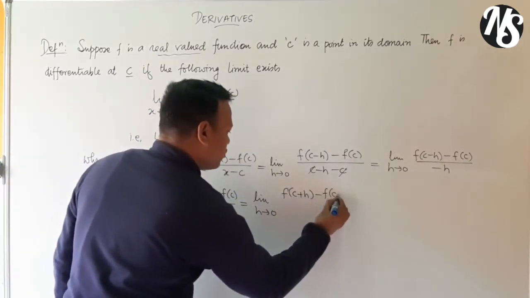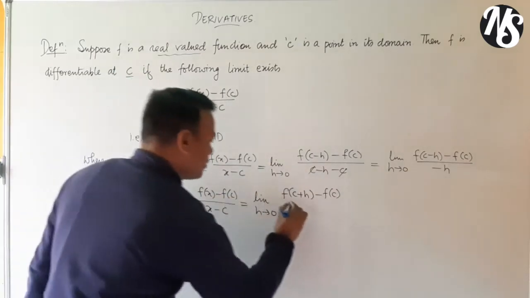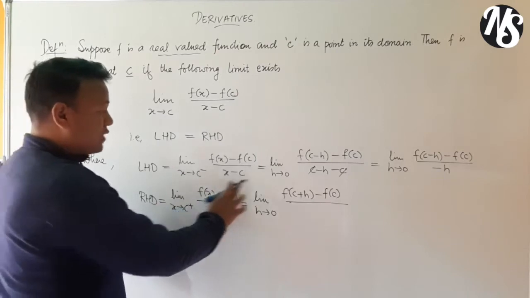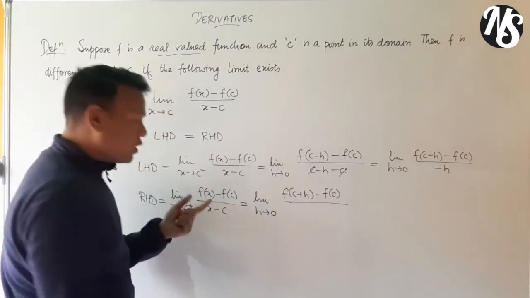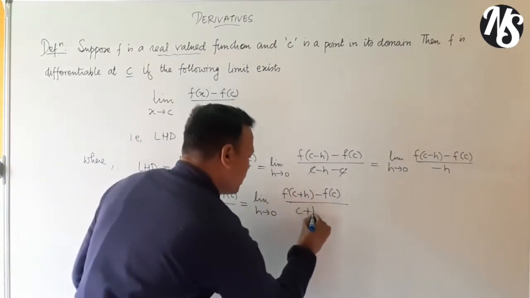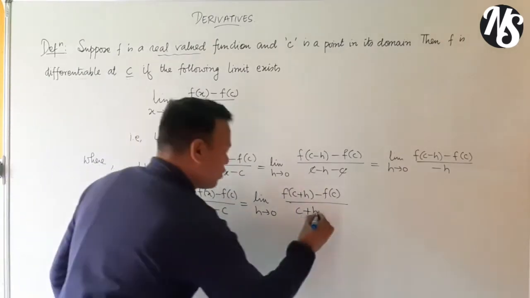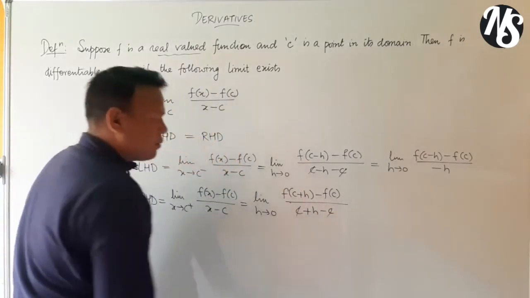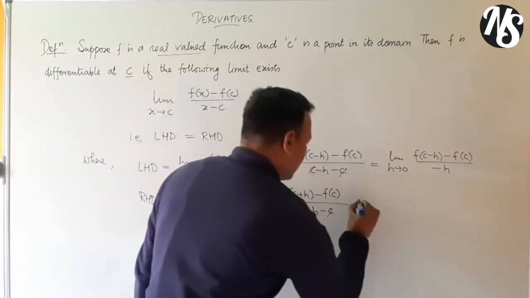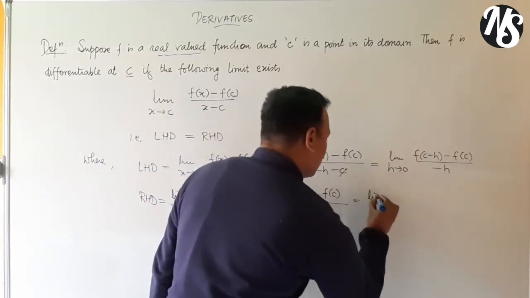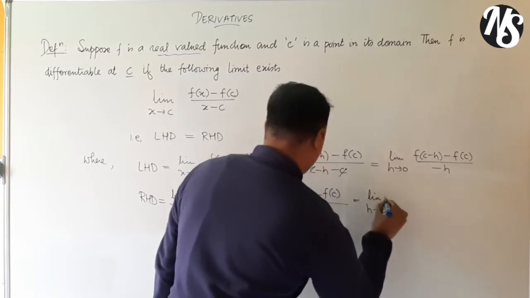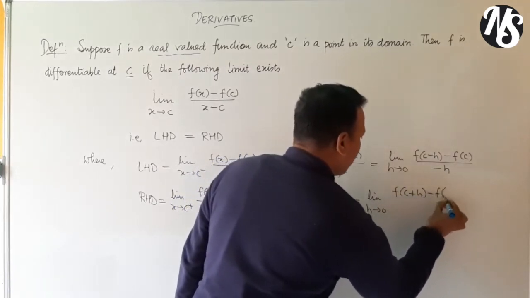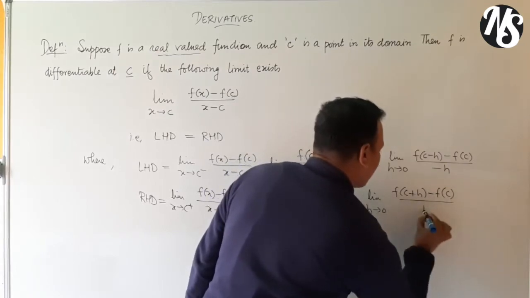So minus, as usual, this f(c) will remain as it is. So this x has changed into c plus h. So that's why I have to write c plus h here. And we have got minus c also, so let's write minus c also here. So you see that c and minus c get cancelled. So ultimately your definition becomes limit h tends to 0 f of c plus h minus f of c divided by h.